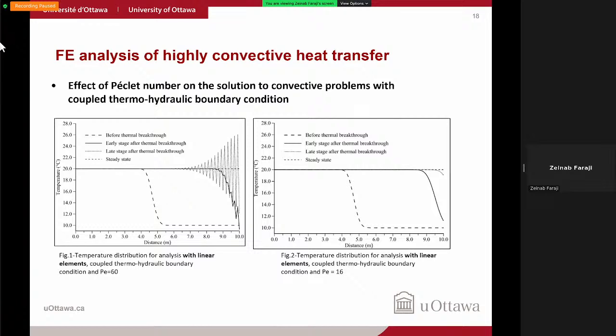But the oscillation did not happen, as you can see, in the fine mesh with linear elements.